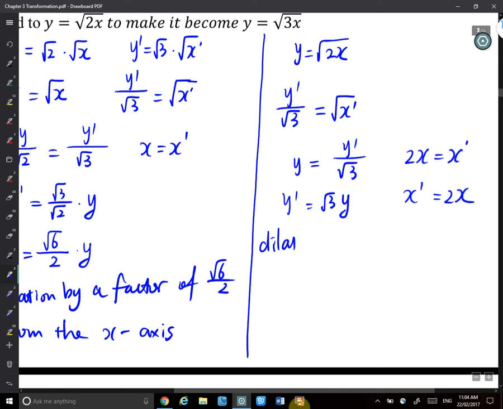Then I can say this is a dilation by a factor of 2 from the y-axis.